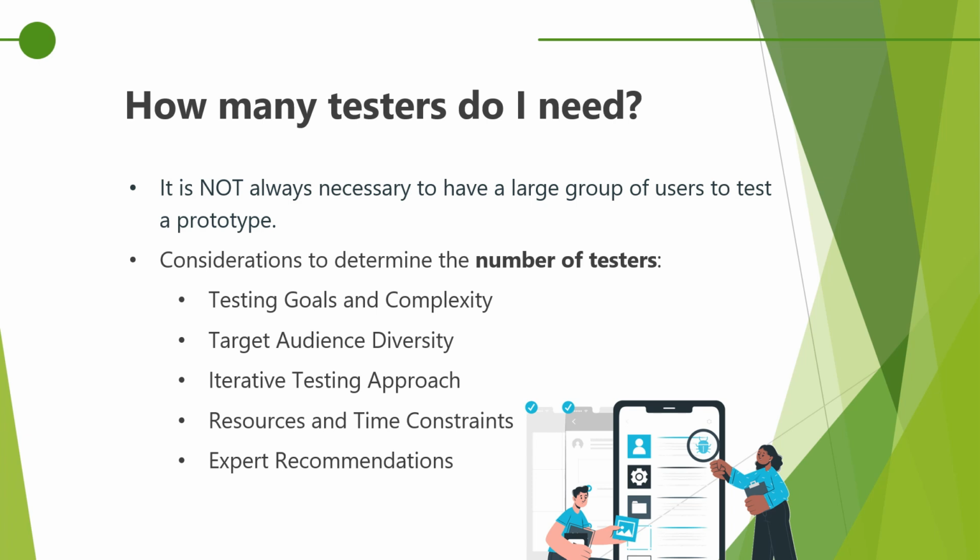This approach allows for the identification of new issues while validating the solutions applied from the previous testing rounds. And then, of course, limited resources and time might restrict the number of testers that you can engage. In such cases, it might be more beneficial to focus on quality over quantity. Aim for a balance that allows for comprehensive feedback without overwhelming your resources.